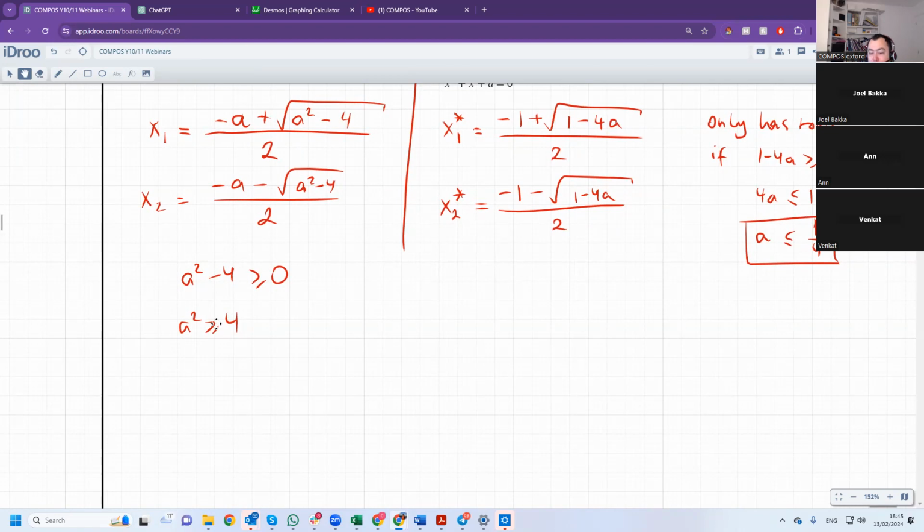Only 2? I agree with 2. What about, I don't know, 3? Can a be 3? Can a be 5? Well, 5 squared is greater than 4, so yes, it can be 5.